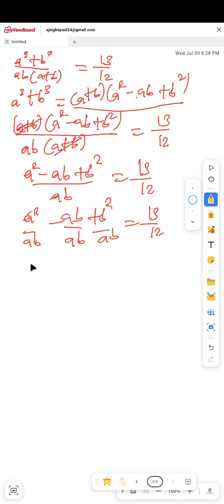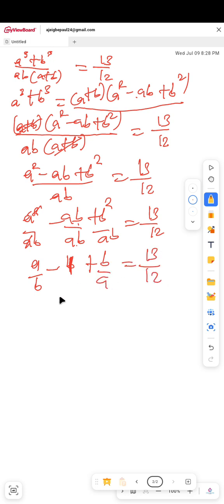So I'm going to have a over b, because a is going to cancel one a here, then minus ab over b, that will be 1, then plus b over a is equal to 13 over 12.